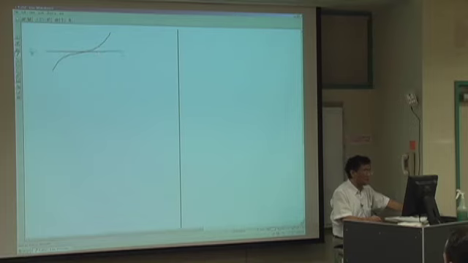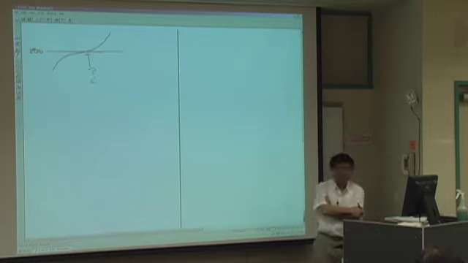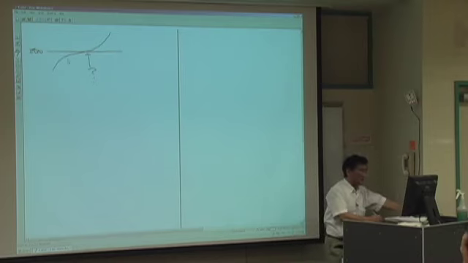So this is the zero line, and we want to find the solution. How can you find the solution? There are some typical ways, and one way is this one.